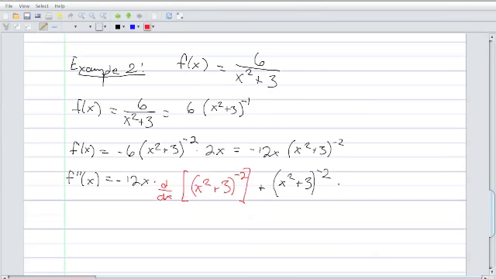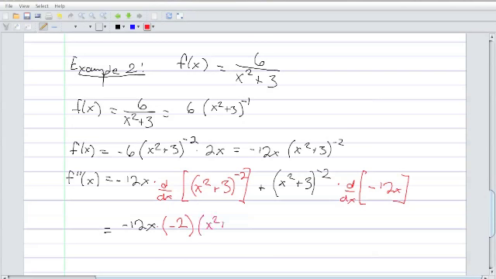So my d by dx of this negative 12x is going to be equal to a negative 12x times this derivative, which is going to be times a negative 2.